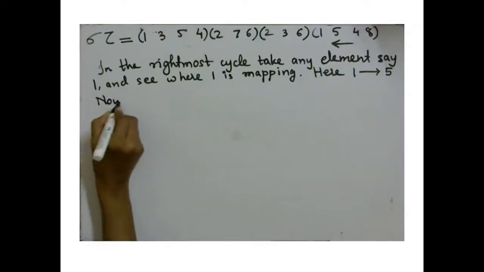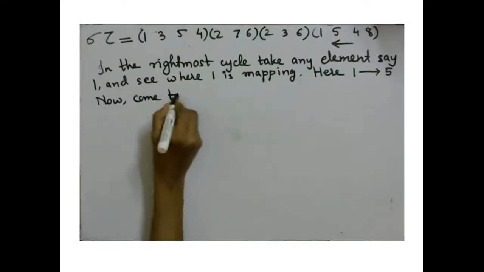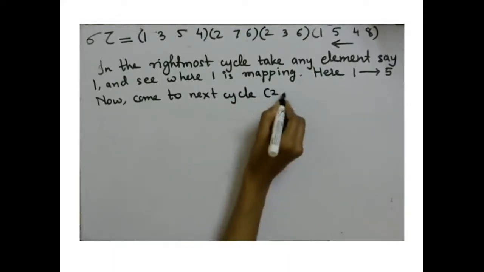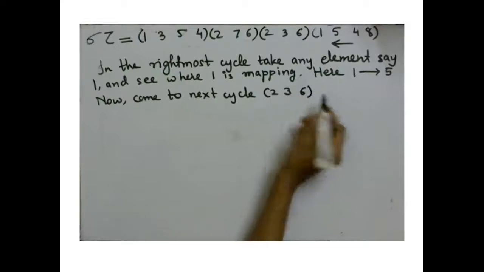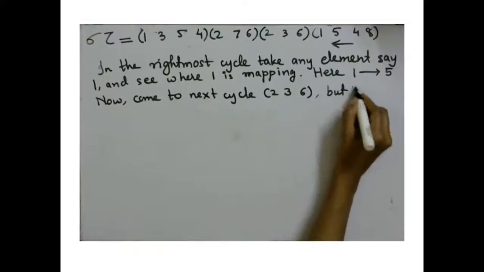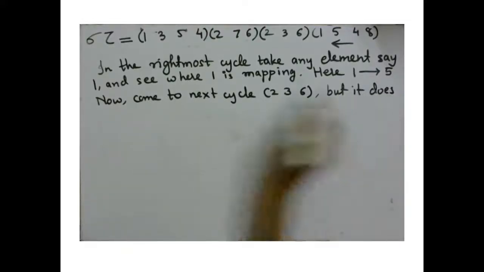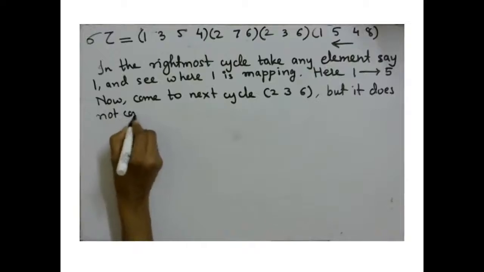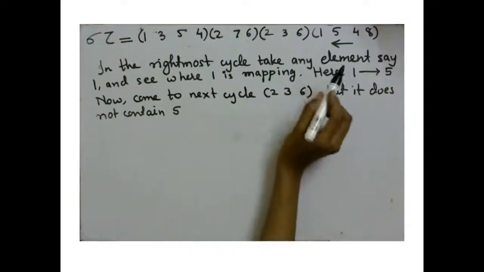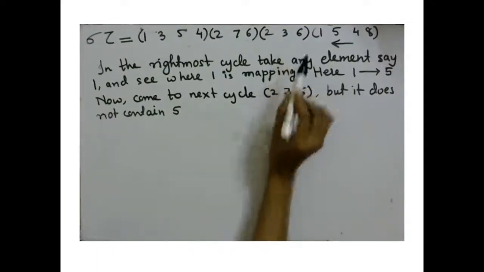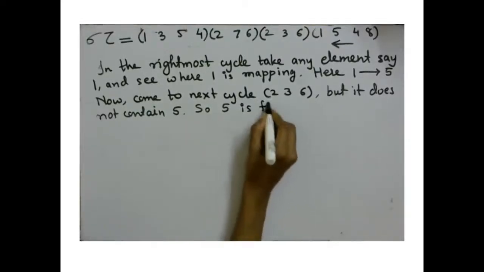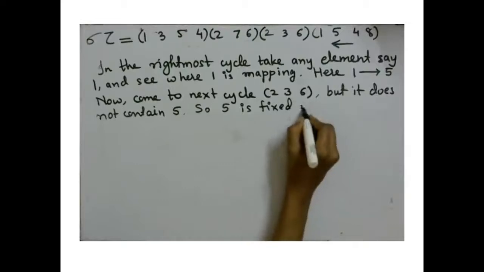So now come to the next cycle (2, 3, 6), but it does not contain 5. So as 5 is not there in this cycle, what is the meaning of this? That 5 is fixed by this cycle. The meaning is 5 maps to itself.